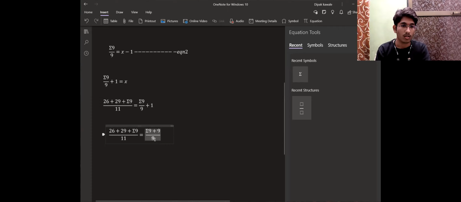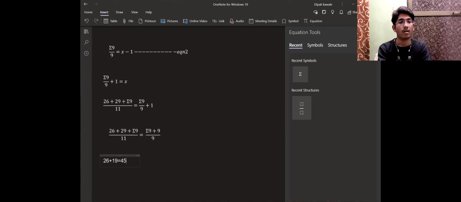Now what we will do, this dividend we will move to the right hand side, and it will become multiplication. So 26 plus 29 is, let me say, 30 and plus 29 is 45. So it will be something around 45 plus summation of 9 is equal to, also we have to take the bracket because we are multiplying now.